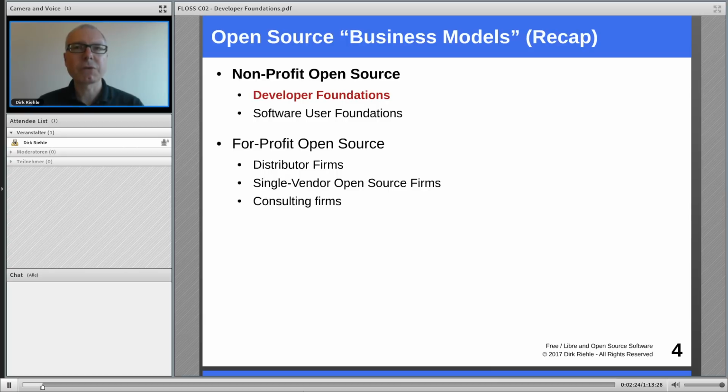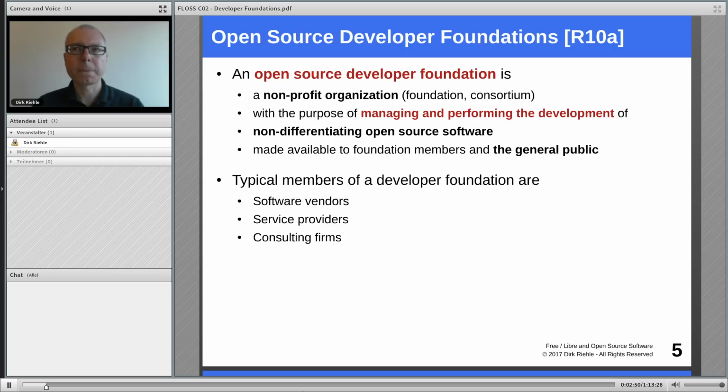Next to developer foundations, we will also look next time at user foundations. In addition to these non-profit foundations, there are for-profit open source business models, most notably the open source distributor firms and the single vendor open source firms. And then naturally there are, like everywhere, consulting firms.